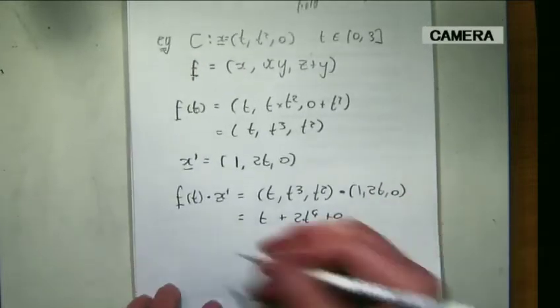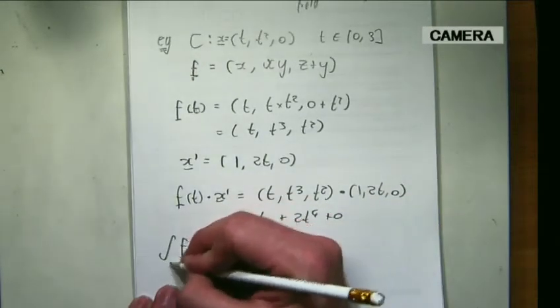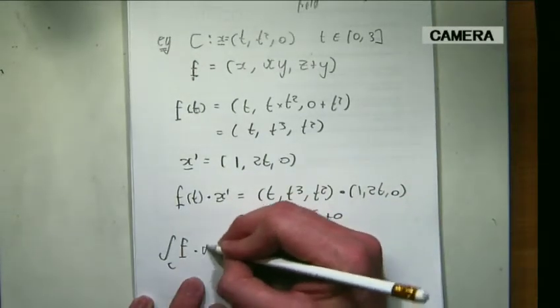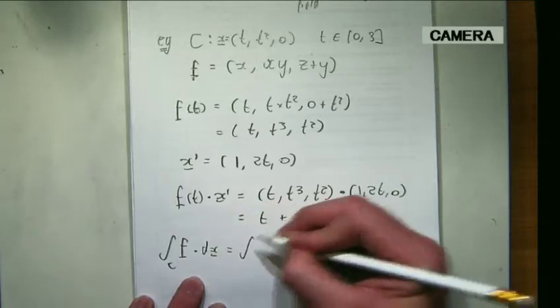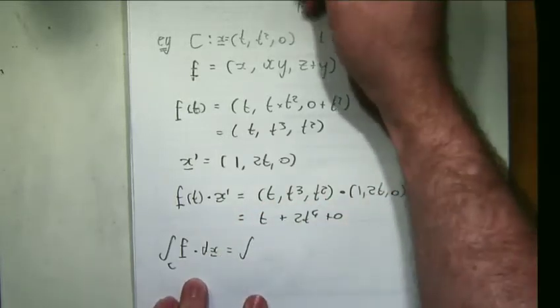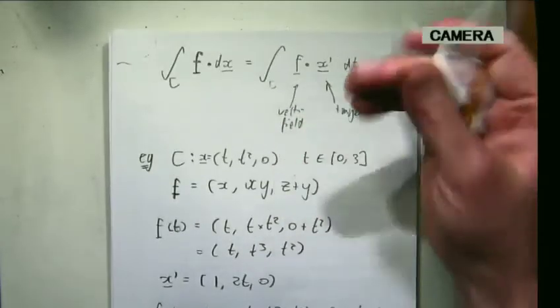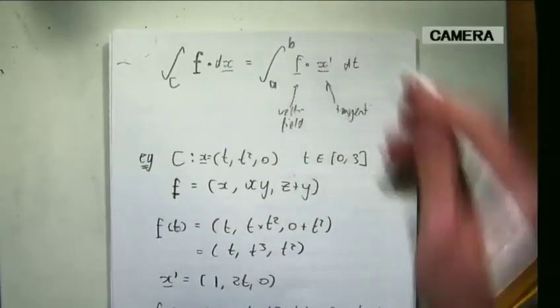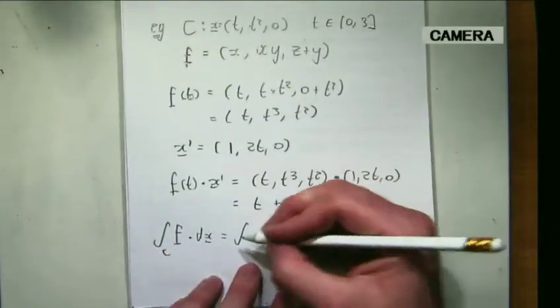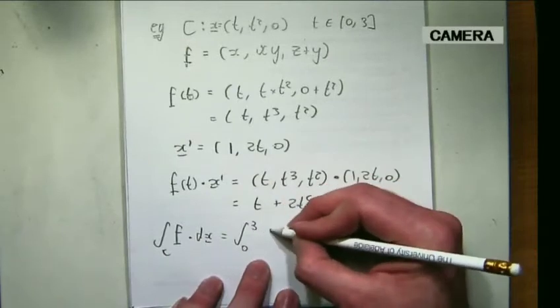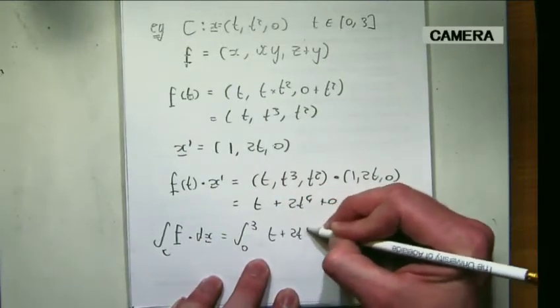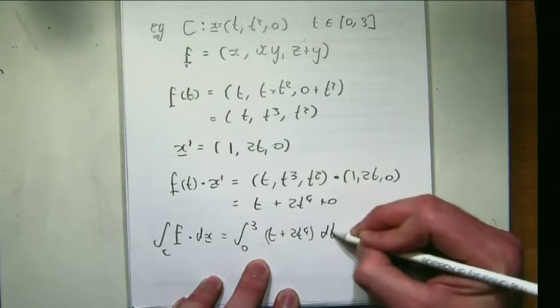And so therefore, the integral of my f across the curve dot dx, I might just change that c to the ab, is the integral from 0 to 3 of t plus 2t to the 4 dt.